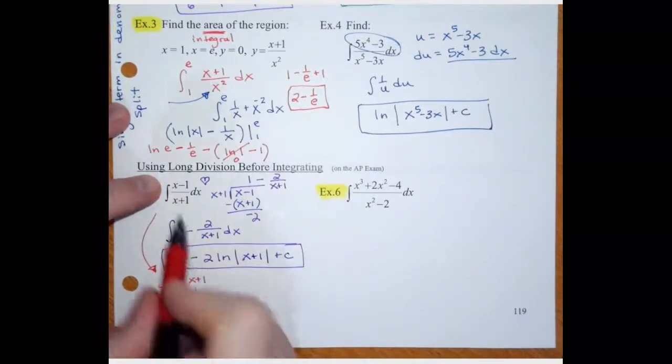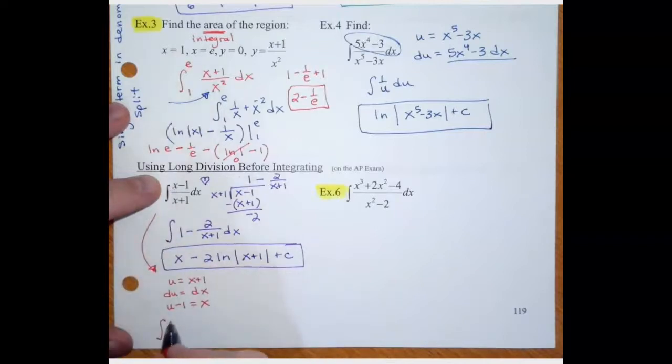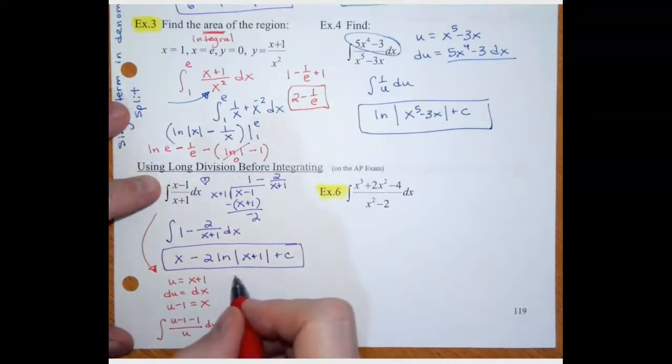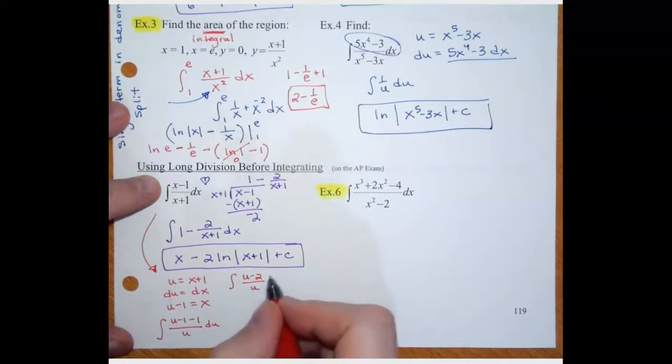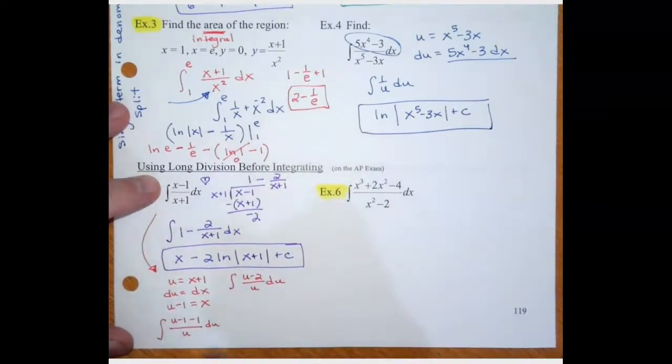So if we substitute u minus 1 in for x, u minus 1 minus 1 over u, and then du. So we're going to have u minus 2 over u du. So now you can decide, well, is this more work than that? Which way would I rather do this problem? Here we have a single term, and we can split that up.